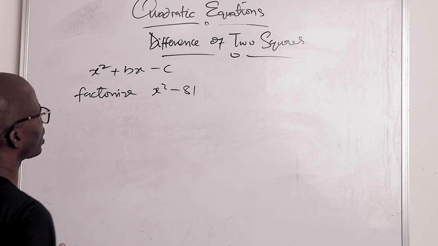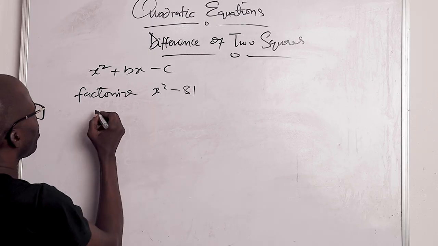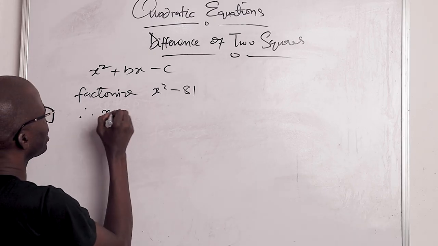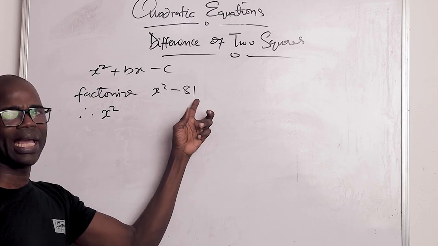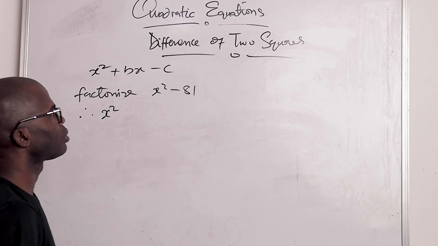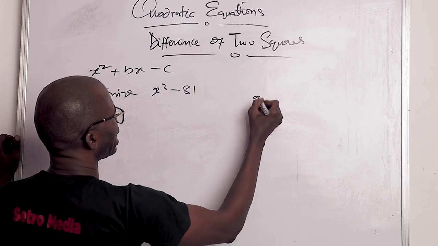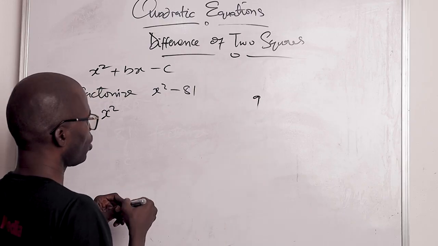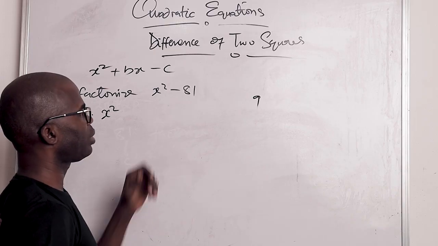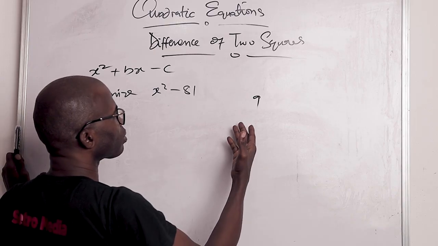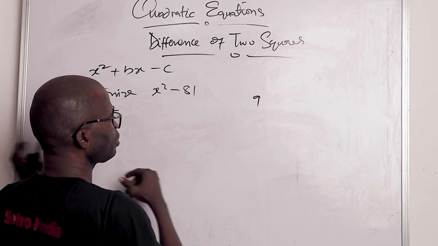Let's look at what we're talking about. So x squared, what am I going to multiply that will give me 81? Let's say 9 raised to power 2 will give me 81. But how is it going to be?